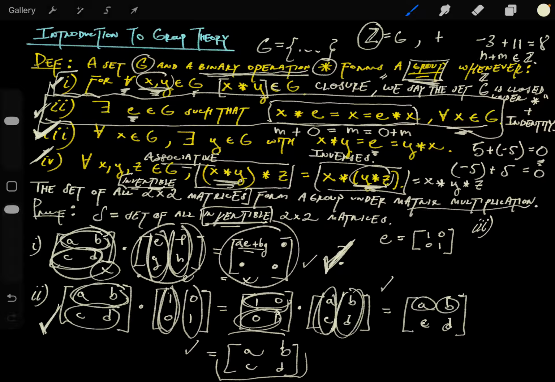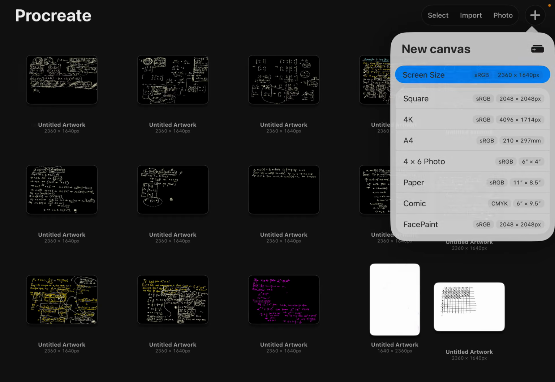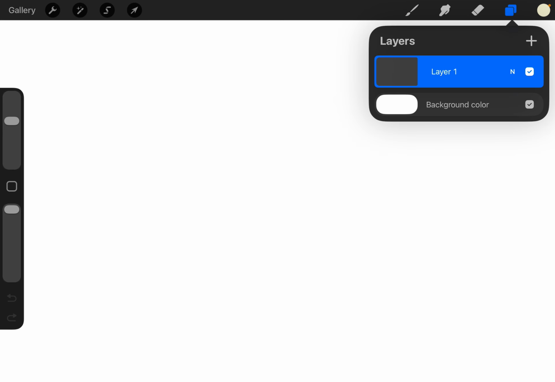And then associativity we could easily show. Let's talk about associativity for a second, just in this. We finished this completely, so you have a good idea. So you have three matrices, A, B, C, D, E, F, G, H, and I, J, K, L, right?